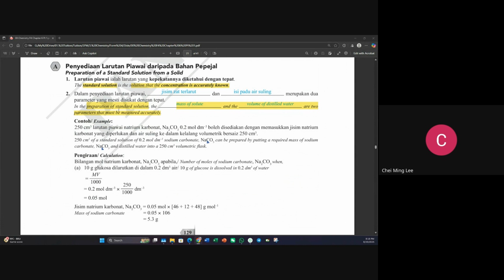Normally in the preparation of that, the mass of solute and the volume of distilled water are two parameters that must be measured accurately. For example, 250 cm³ of a standard solution of 0.2 mol/dm³ sodium carbonate can be prepared by putting a required mass of sodium carbonate and distilled water into a 250 cm³ volumetric flask.